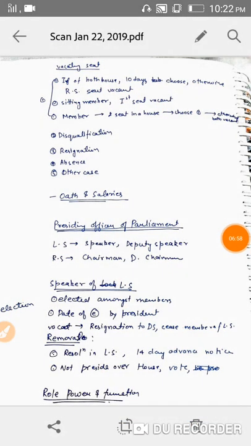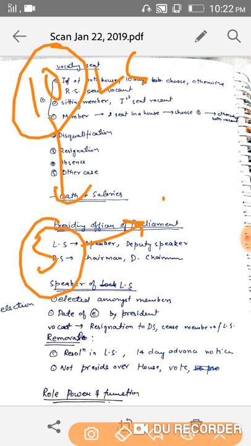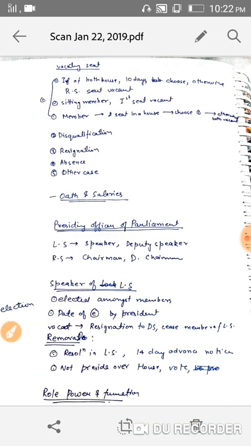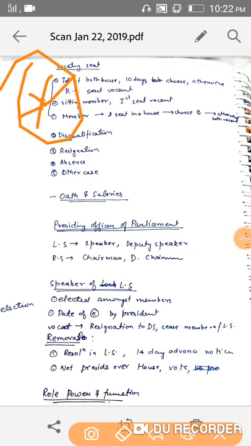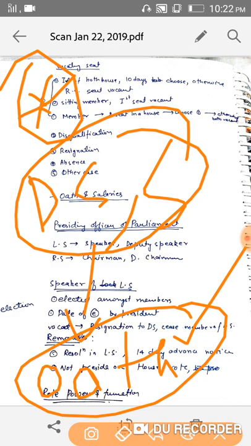Later, from the 10th Lok Sabha, it was decided that the Speaker would be from the main party and the Deputy Speaker from the main opposition party. Another very important point is that the Deputy Speaker and Speaker need not take any different oath or affirmation while taking up their offices.